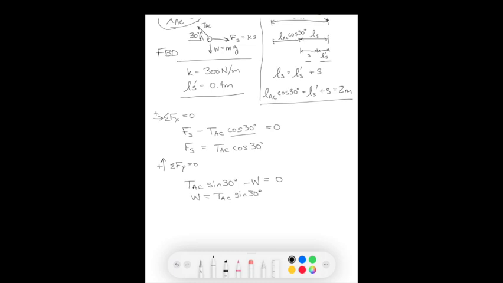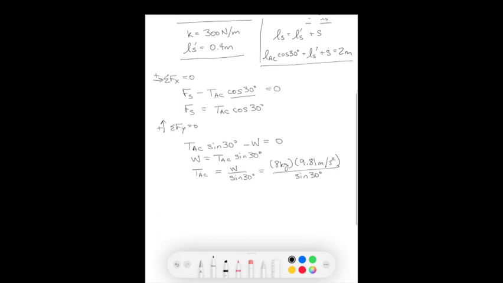Well, we do know what the weight of the lamp is, so we can solve for the tension AC. It's equal to W over sine, which is equal to 8 kilograms, we're told the mass is 8 kilograms, times 9.81, the gravitational constant, divided by sine of 30. When we solve that, we see that this is about 157 newtons.